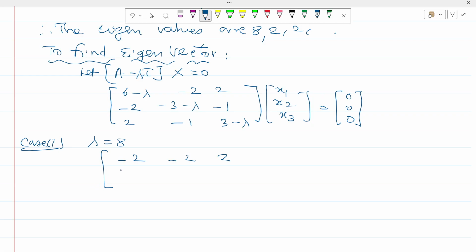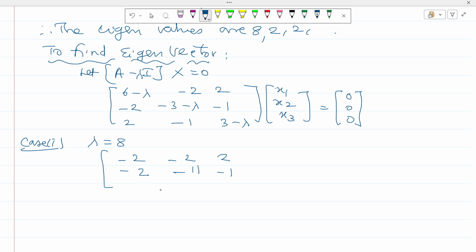Second one is minus 2, 3 minus 8, minus 1.